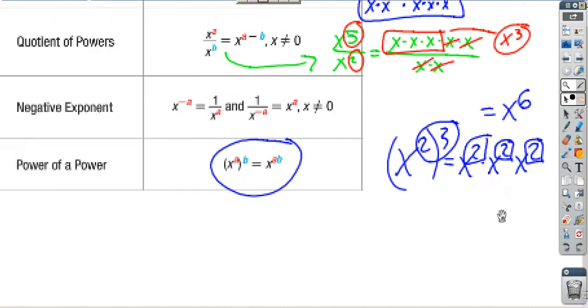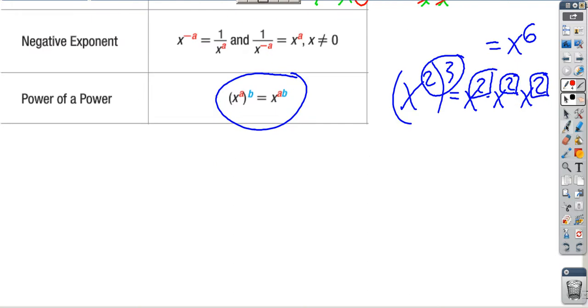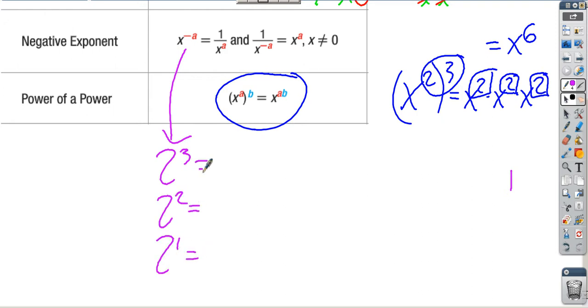The last one on this page, the negative exponent one, we'll kind of prove this using an example with the powers of 2, because it's a little bit easier to see that way. So let's say we had 2 to the third, 2 to the second, 2 to the first, and then we had 2 to the 0, 2 to the negative 1, 2 to the negative 2, 2 to the negative 3, and so on.